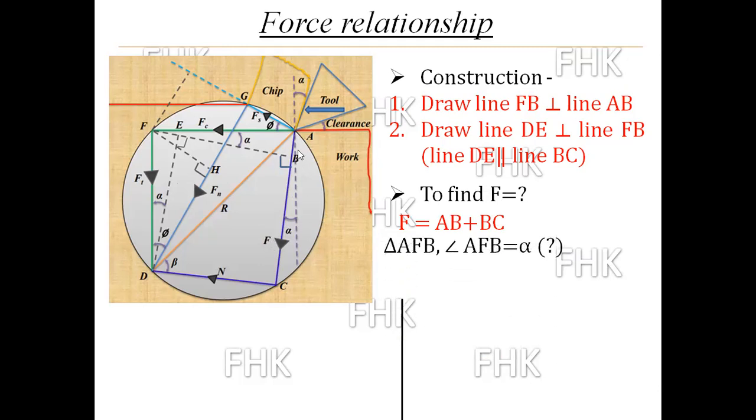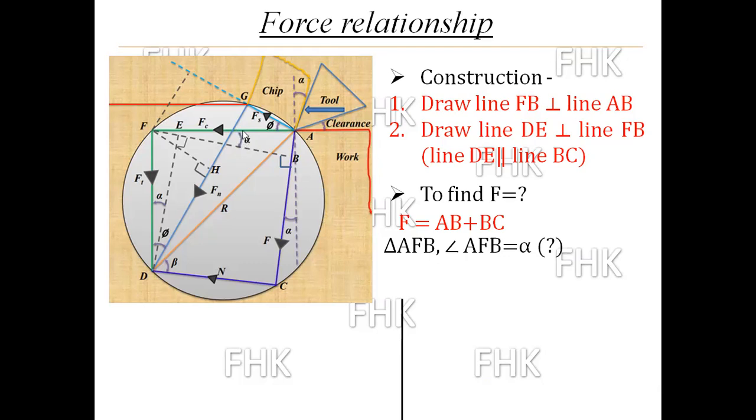For finding the length AB, first of all I will consider triangle AFB. Why am I considering that triangle? Because in that triangle the line AB is there, and the value of Fc is known, and this angle will become alpha.